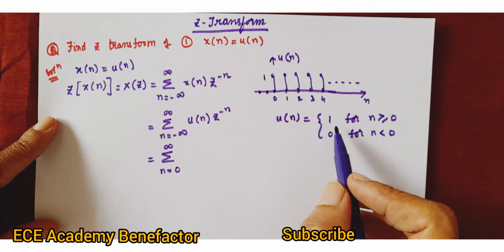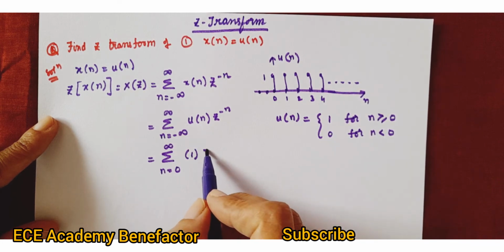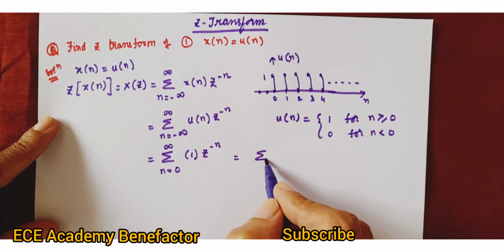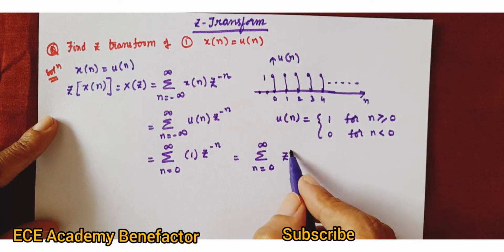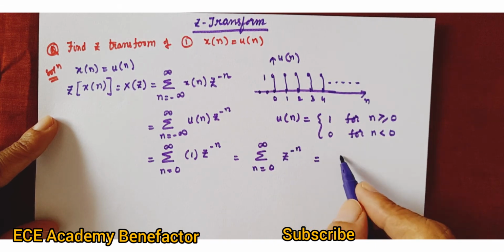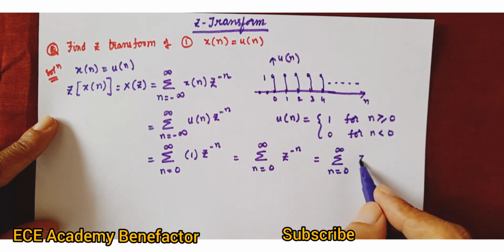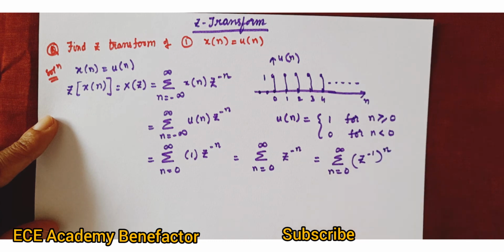What is the u of n value from 0 to infinity? Its value is 1, z to the power of minus n, which can be written as summation n is equal to 0 to infinity z to the power of minus n, which is written as summation n is equal to 0 to infinity of z to the power of minus 1, whole to the power of n.